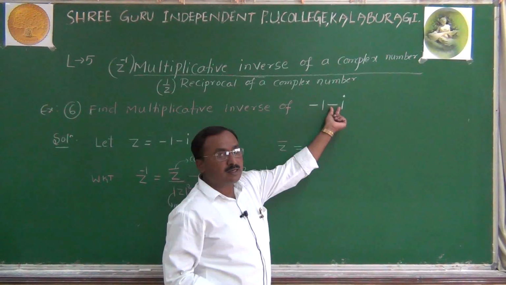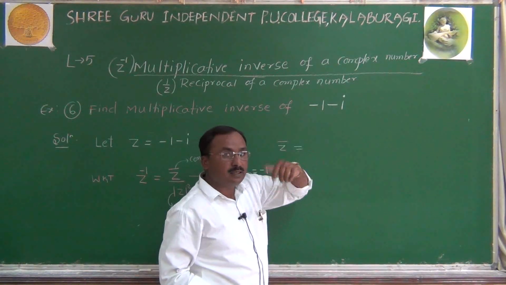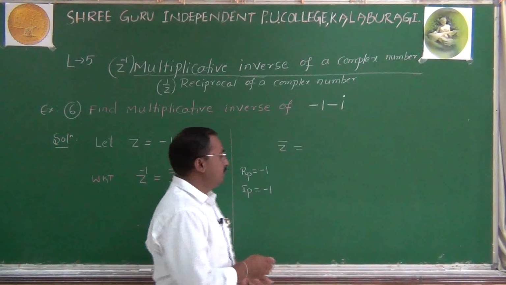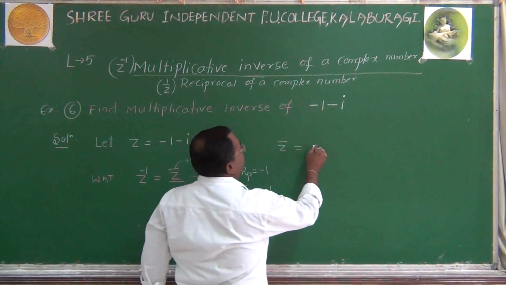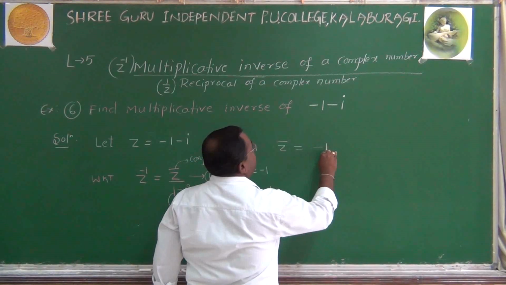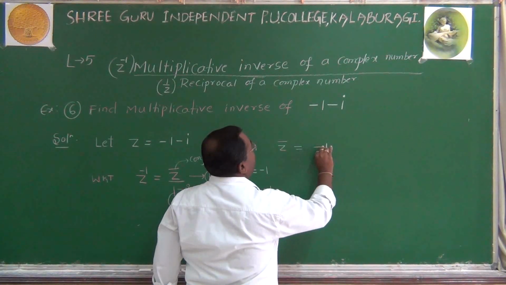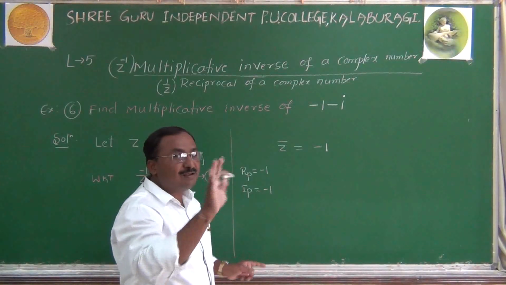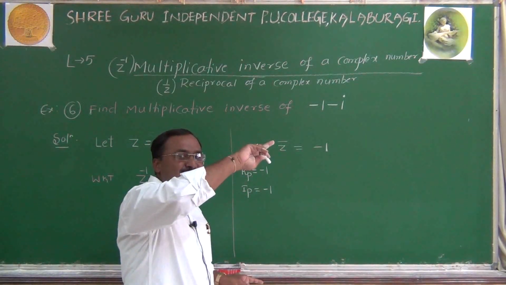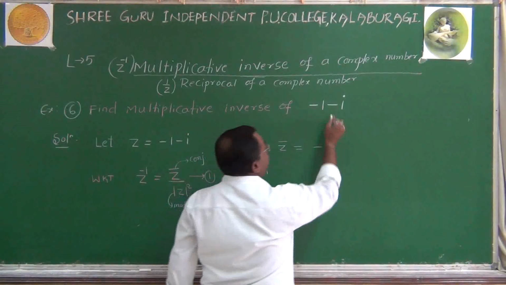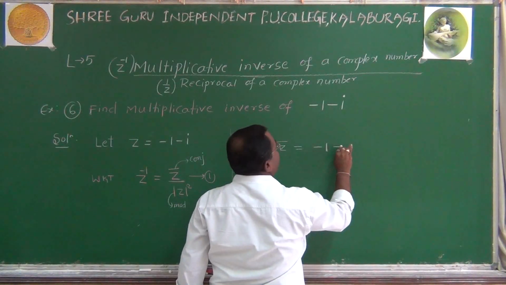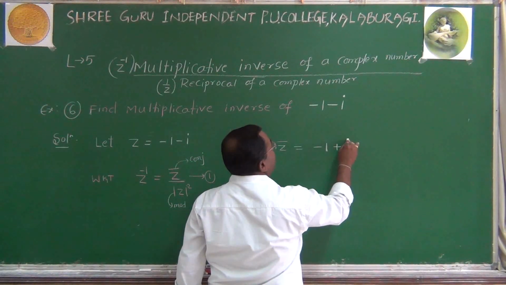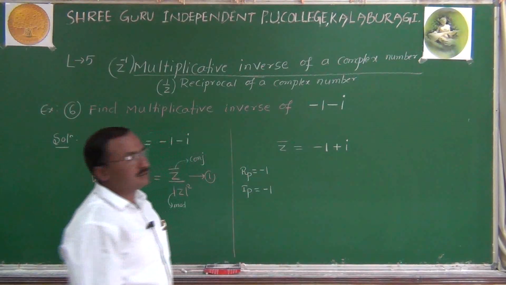Sign is important, minus 1, not i. Conjugate means real part as it is, and change the imaginary part sign. Minus i becomes plus i.